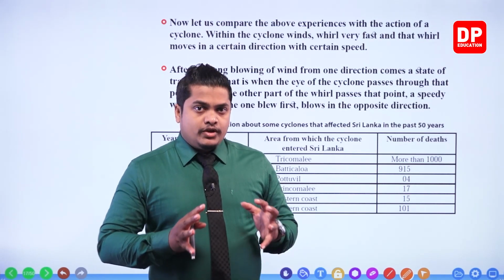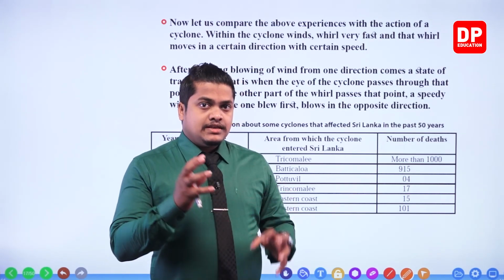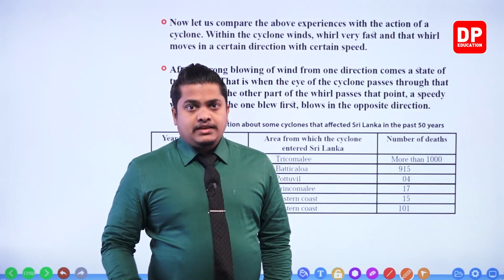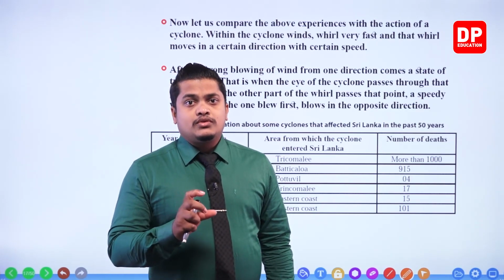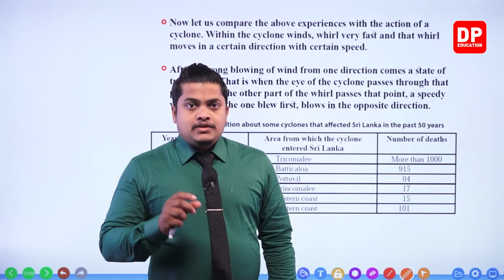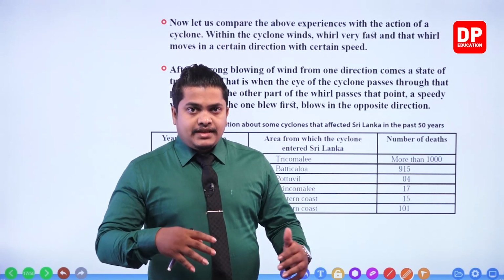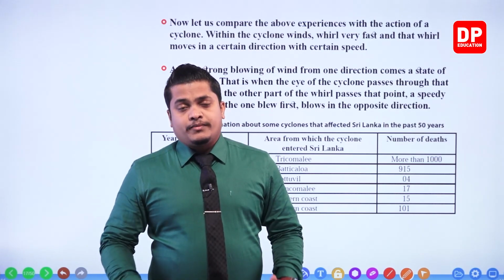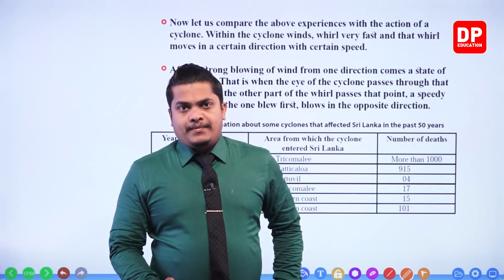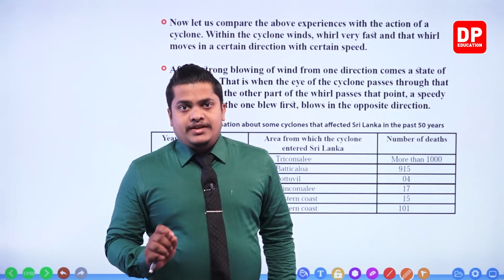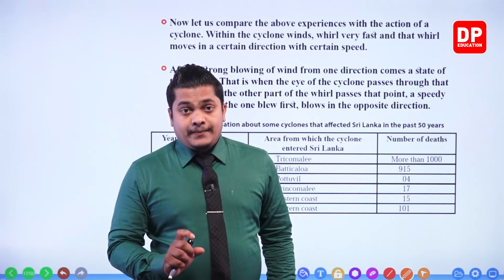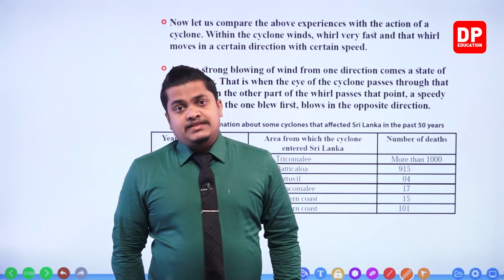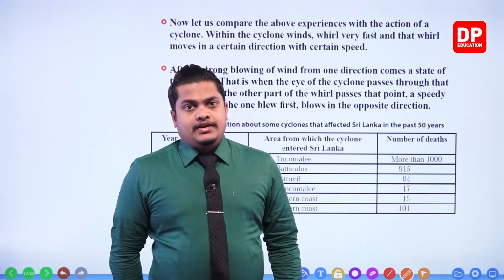But however, you know that when it passes over that same area, the eye region will also come. So when the eye region comes to that particular area, what will happen is that the area will not receive any rain or wind.